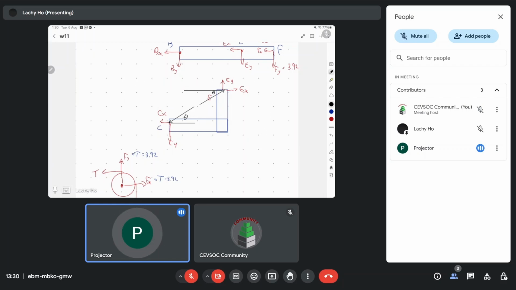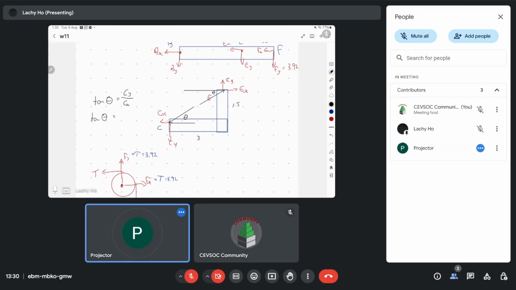So looking at this diagram, I can see that tan theta equals CY on CX. But tan theta also equals, well, this is 1.5 meters and this is 3 meters.